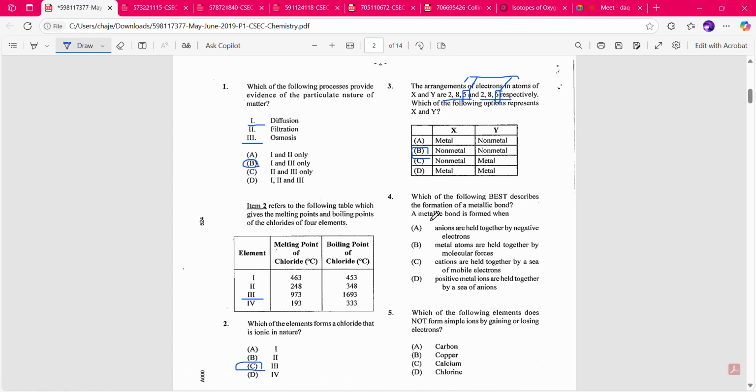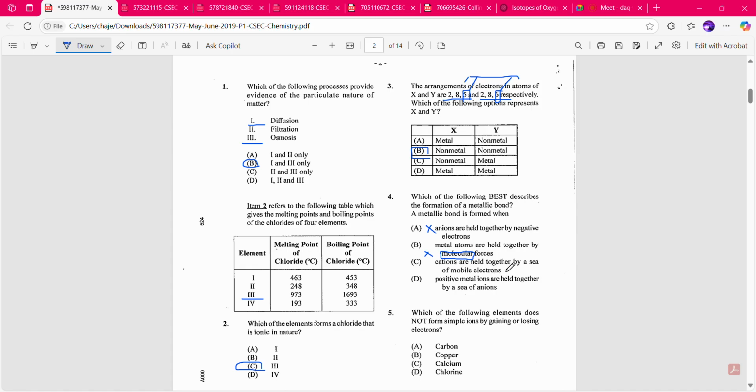Number 4, which of the following best describes the formation of a metallic bond? A metallic bond is formed when, definitely not anions. We already know that a metallic bond is formed between cations and delocalized electrons. Metal atoms held together by molecular forces? No, molecular suggests a covalent compound, so it cannot be a metallic bond.